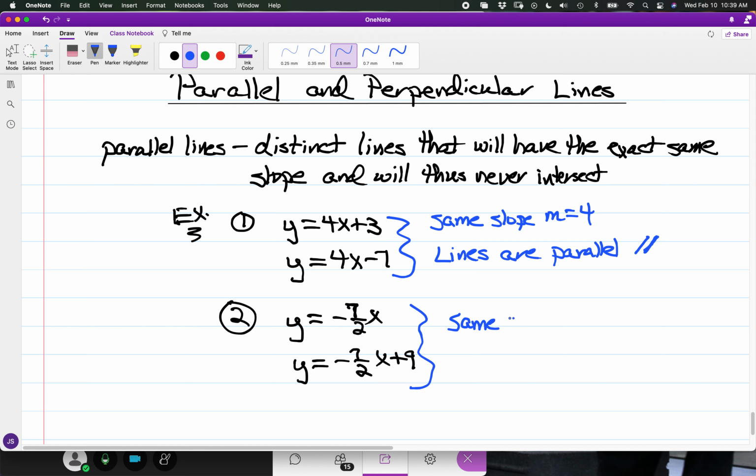Again, we have the same slope, negative 7/2. And because it has the same slope, the lines are also going to be parallel.